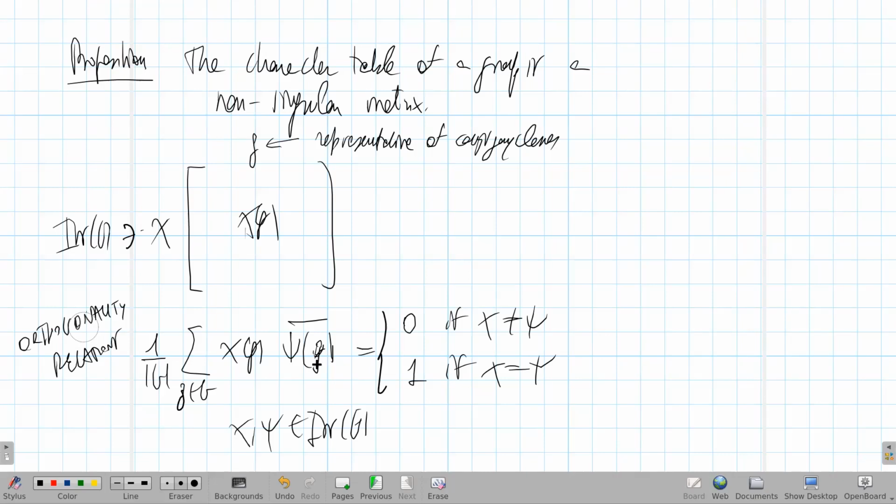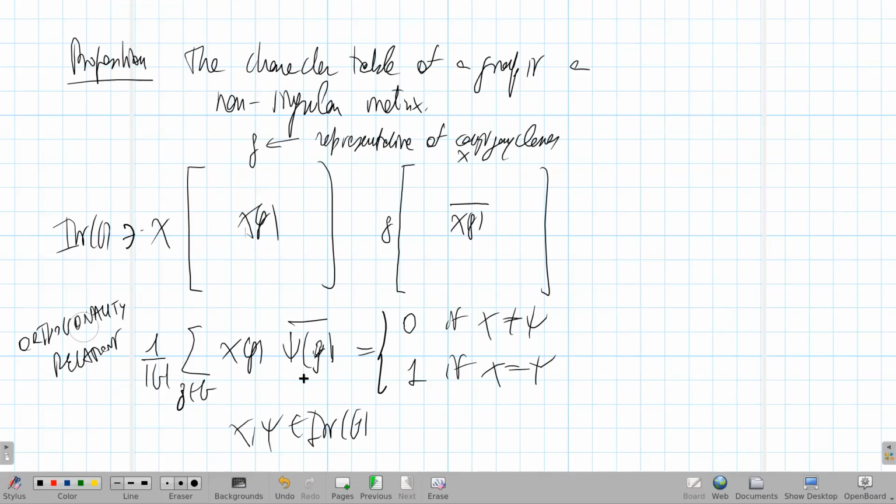So the temptation is to consider a matrix here. This is suggestive of an inverse matrix. So the temptation will be to have a matrix where you have chi here, g here, so you have exchanged the two, and here you have chi of g conjugate, okay? Because then when you do the product, you have something resembling this.